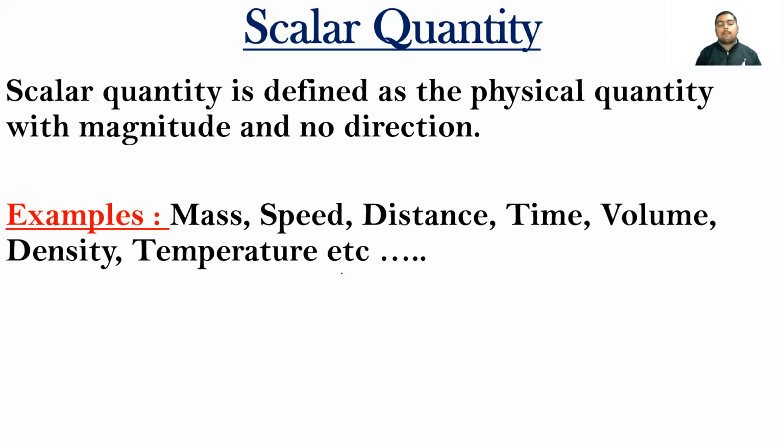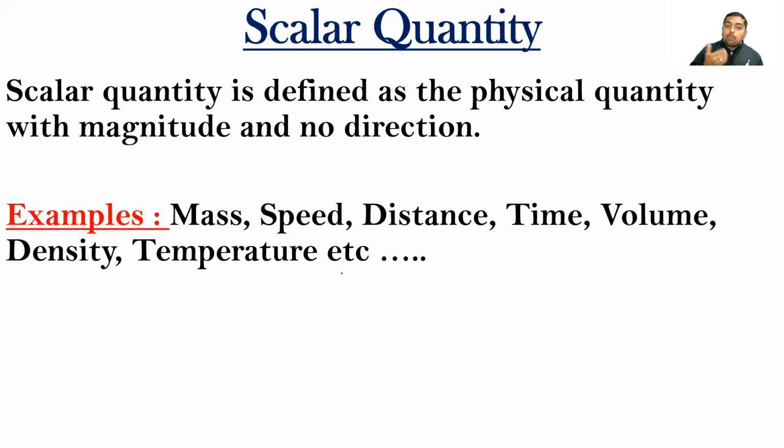So these physical quantities which are completely defined by only their magnitude are called scalar quantities. There are more examples like mass, speed. Speed is also a scalar quantity because it defines only the magnitude. In your car or bike, you have a speedometer which shows the speed, only magnitude of your car or bike, not the direction in which you are going. Okay. Now, there are other examples like distance, time, volume, density, temperature, and all other things.